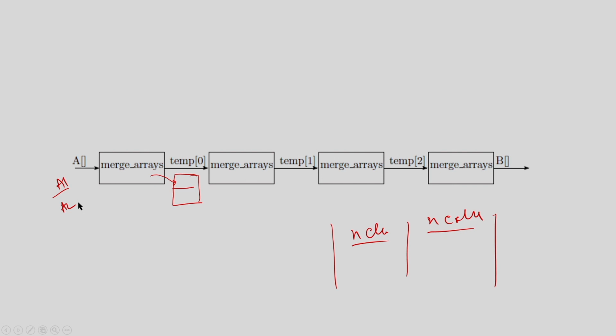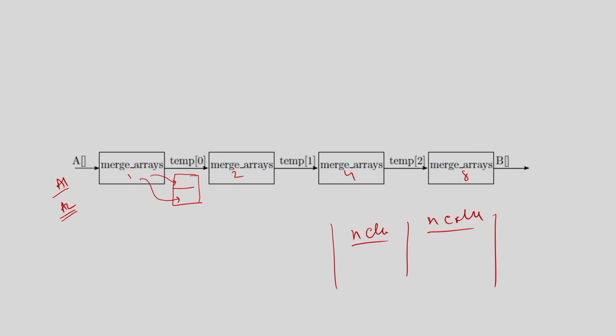This array is merged by 1, this is merged by 2, this is merged by 4, this is merged by 8 and so on, right. So, now it will process A2 with the merge by 1 and store the resultant data in the other buffer, right.